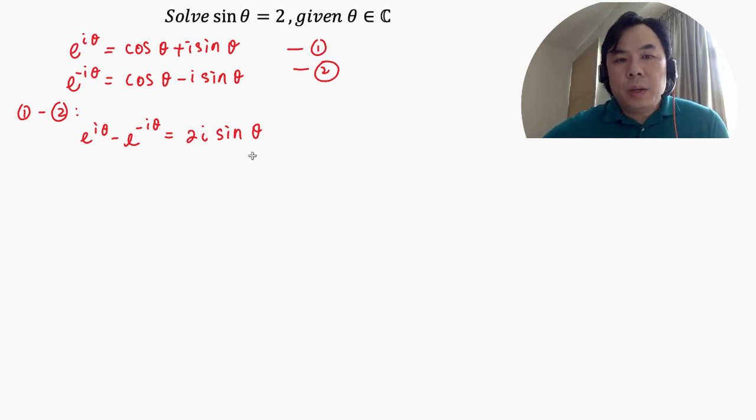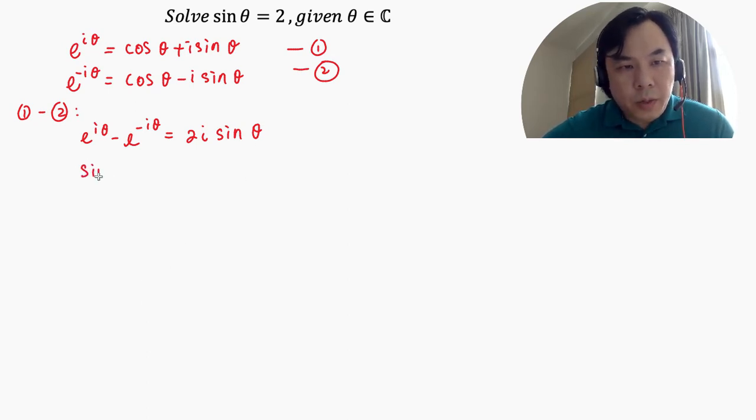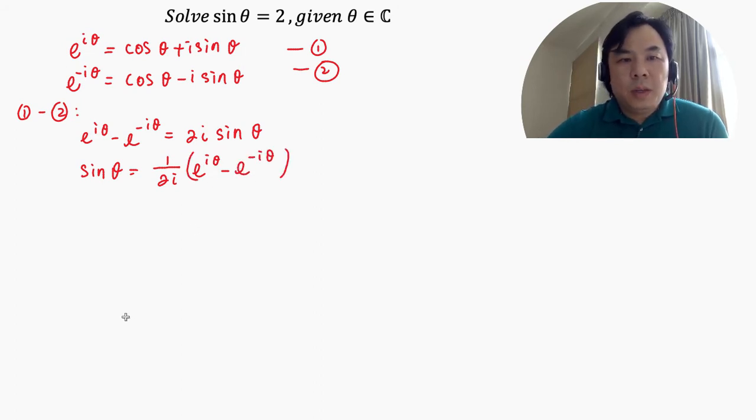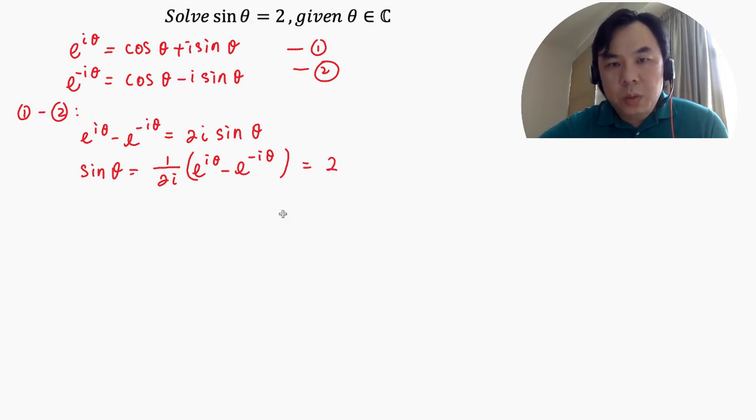And then you can see that from here, I can rewrite my sine theta as 1 over 2i times e to the i theta minus e to the negative i theta. Now this is our main entrance to get our solutions. We know that sine theta is equal to 2, therefore we can equate this to 2 here.